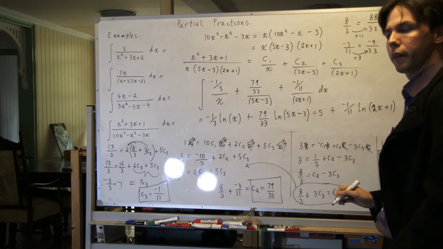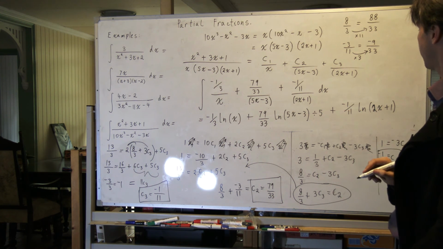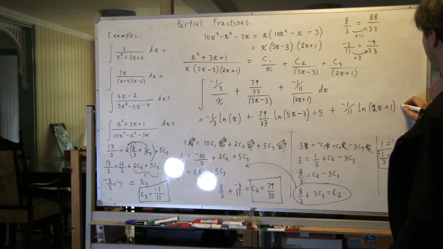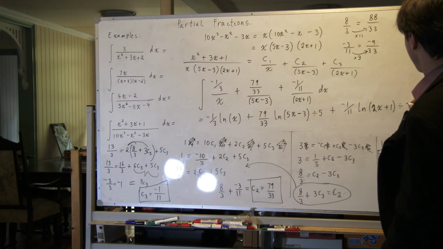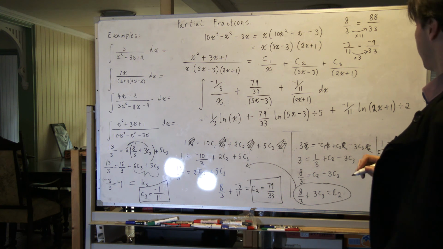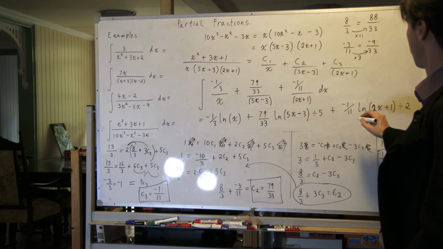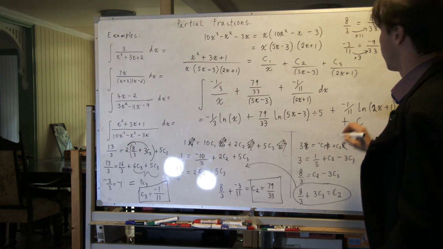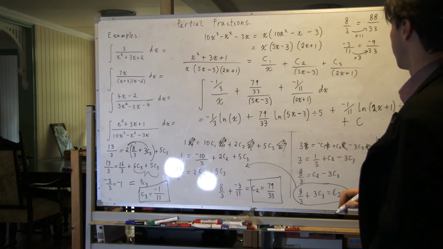Plus -1 over 11 times ln of 2x plus 1, and don't forget to divide by the derivative of what's inside the bracket, which is 2, plus a constant. Always, always, always.